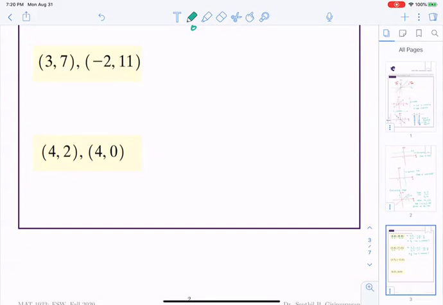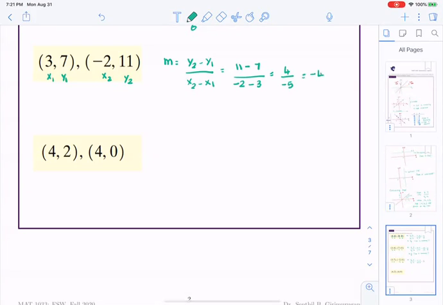So here I'm going to call 3, 7 x1, y1, and -2, 11 I'll call x2, y2. The slope is simply y2 minus y1 divided by x2 minus x1. 11 minus 7 divided by x2 is -2 and x1 is 3, so -2 minus 3. 11 minus 7 is 4, and -2 minus 3 is -5.